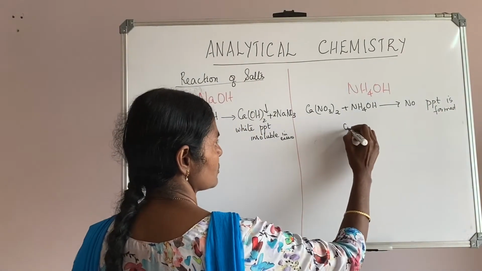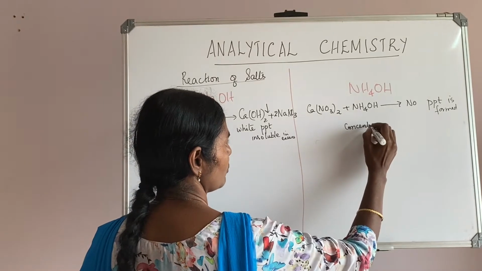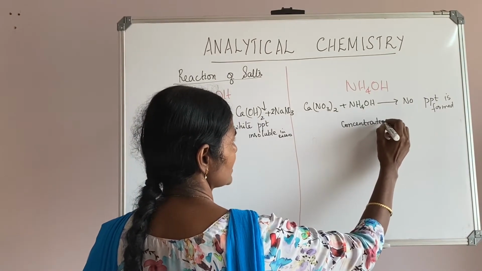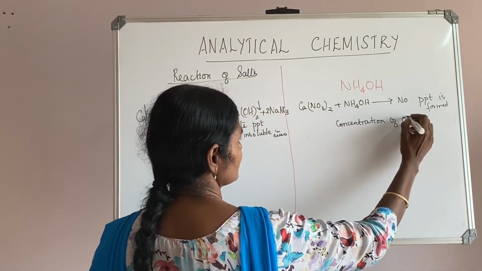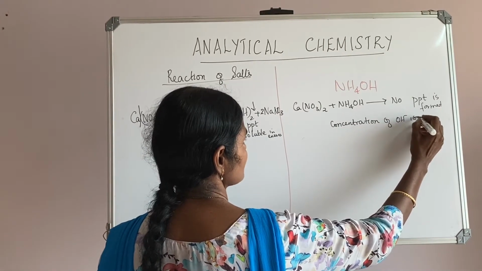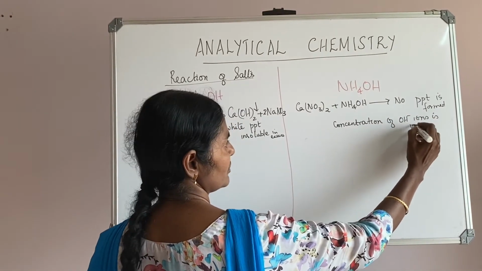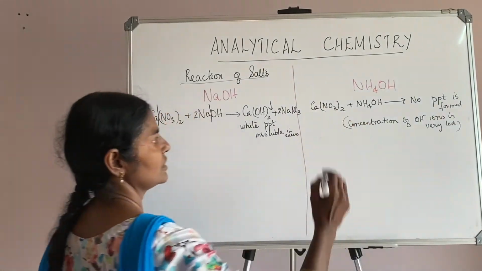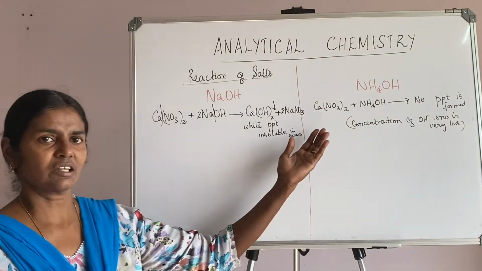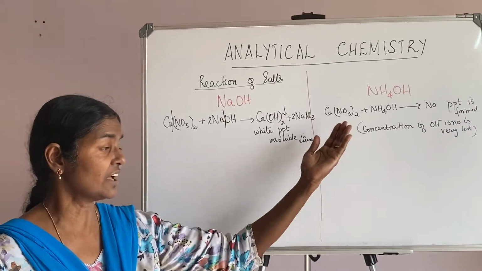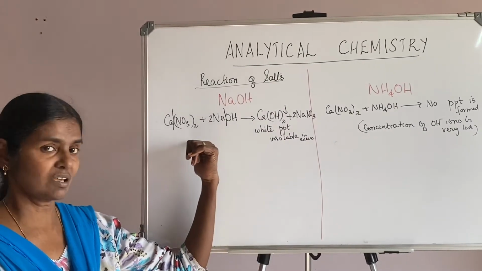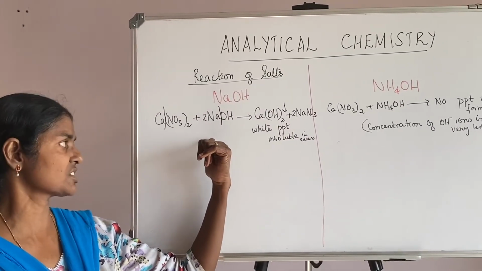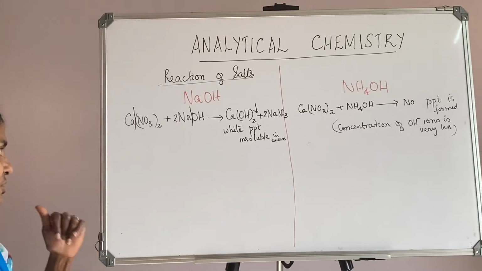Because the concentration of OH ions is very less. Hydroxyl ions are very less, therefore it does not form any precipitate with NH4OH, whereas the same calcium nitrate forms a precipitate with sodium hydroxide.